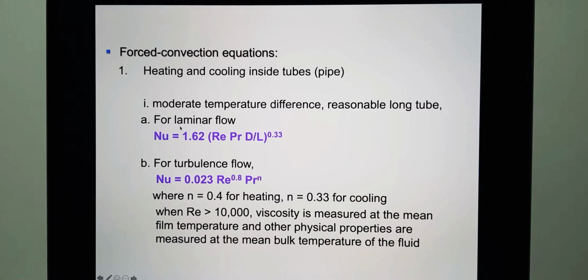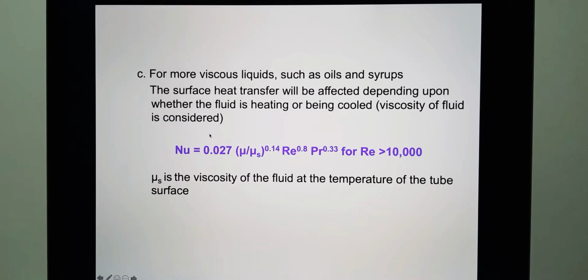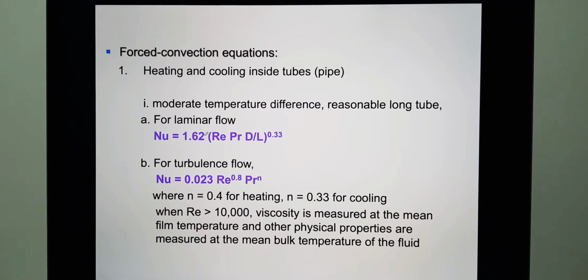If the fluid flows at laminar flow, meaning less than 1 meter per second, you need to use this particular equation.